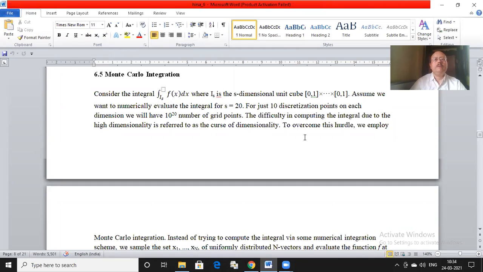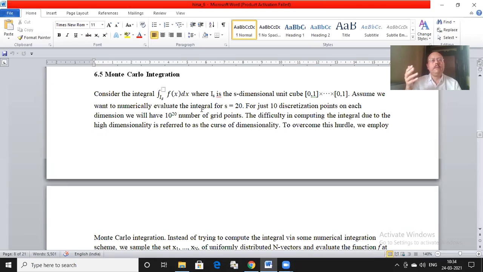Now, think of a very naive situation where we want to numerically evaluate this integral for a 20-dimensional cube. If I were talking about one dimension, s equal to 1, then maybe I would think of cutting the interval 0 to 1 into 100 pieces, or maybe more.